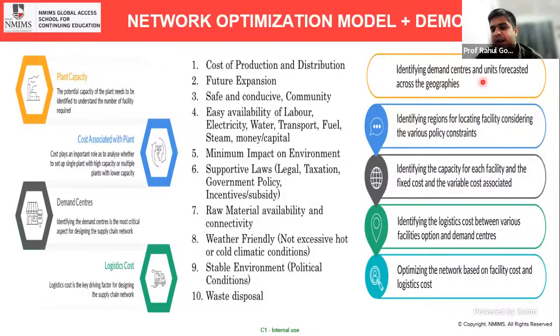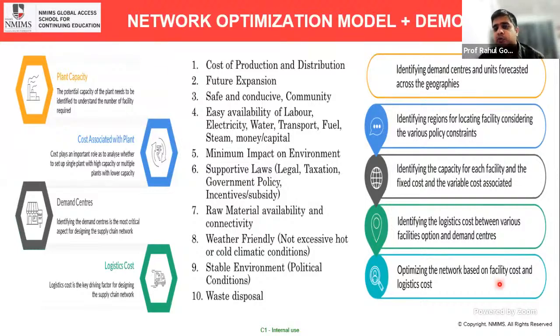So what you have is demand mapped, capacity mapped for each of these facilities, and the logistic cost given that you choose to service demand from a particular supply center. So basis the demand map, the capacity map, and the cost map in terms of servicing demand from a particular service center, you can create a model, and you can get the model to tell you which is the right combination in terms of setting up the plants.